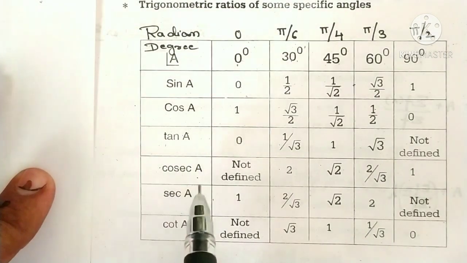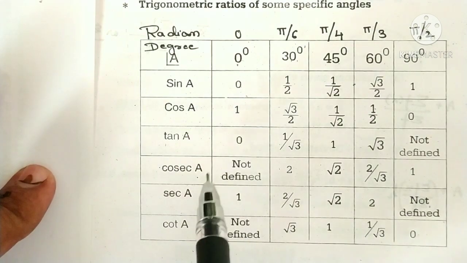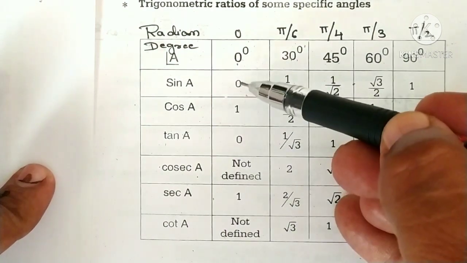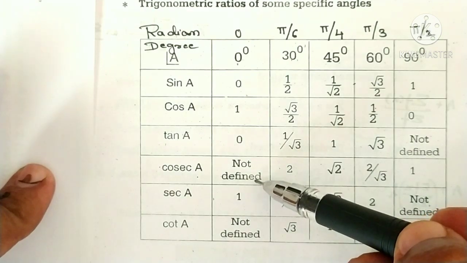Now for cosec, you should write 1 by sine. 1 by sine becomes cosec. So you write 1 by sine, 1 by 0, and 1 by 0 is not defined.